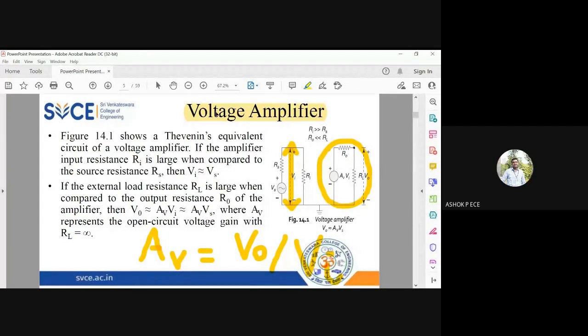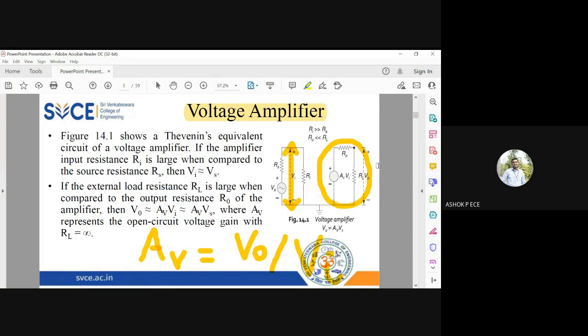The first amplifier I am discussing is the voltage amplifier. The purpose of a voltage amplifier is to amplify the input voltage, so that your output voltage is very huge in magnitude. So you will have a parameter called voltage gain. The formula is AV equal to V0 by Vi, output voltage by input voltage. Since I am measuring voltage in both input and output, in the circuit diagram also I will have a voltage source in both.